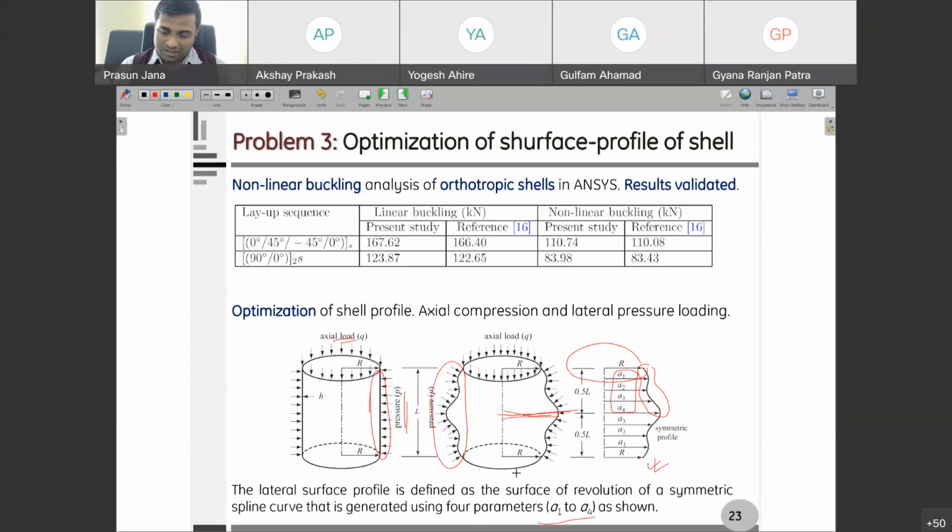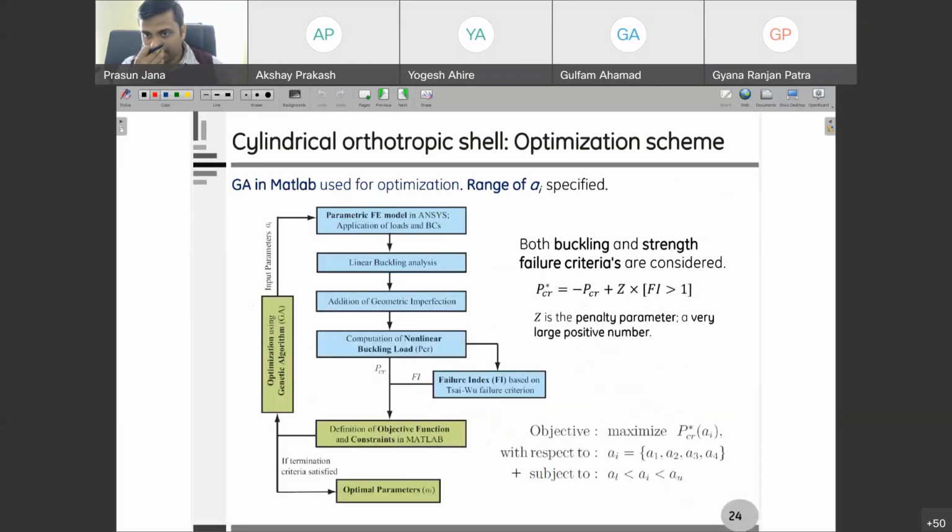One more thing we have incorporated here: this exercise is done for an orthotropic shell, so orthotropic materials are used. It has been found that only increasing the buckling load will not give the ultimate failure strength of the cylinder, because buckling is mainly stiffness dominated.